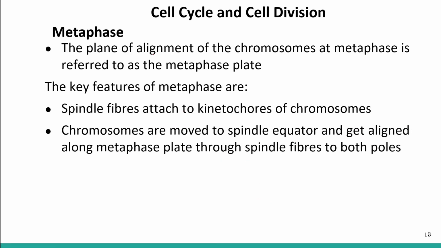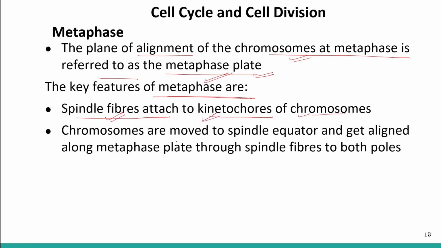The plane of the alignment of the chromosome at the metaphase is referred to as the metaphase plate. So like this, the alignment of the chromosome at the equatorial region, or the equator, that is called the metaphase plate. The key features of the metaphase are spindle fibers attached to the kinetochores of the chromosome. So these spindle fibers, very important, get attached to the kinetochores of the chromosome.